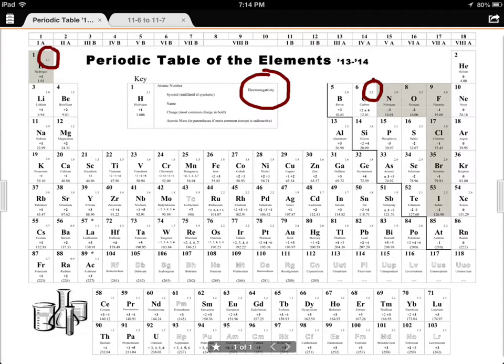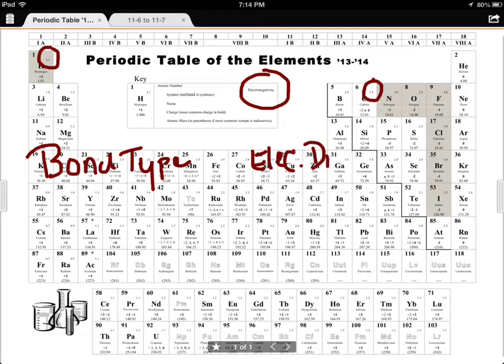I'm going to put a little table on here that you might want to copy into your notes. We're going to put here bond type, electronegativity difference. I'll just make that the second column, and I'll put an example here.